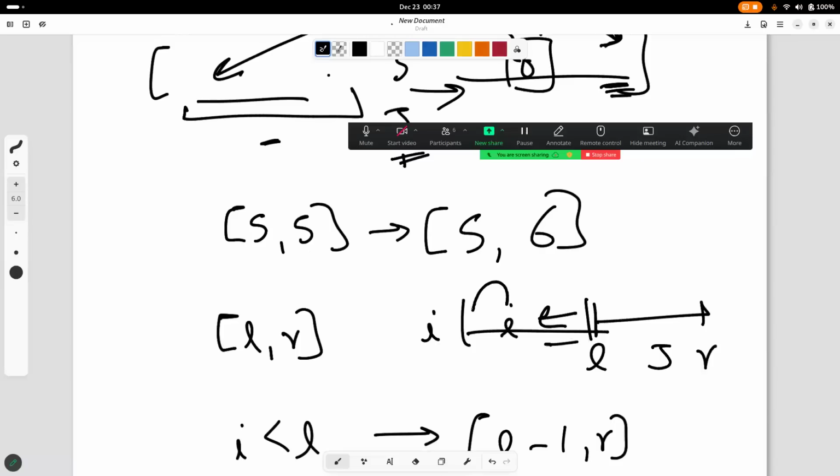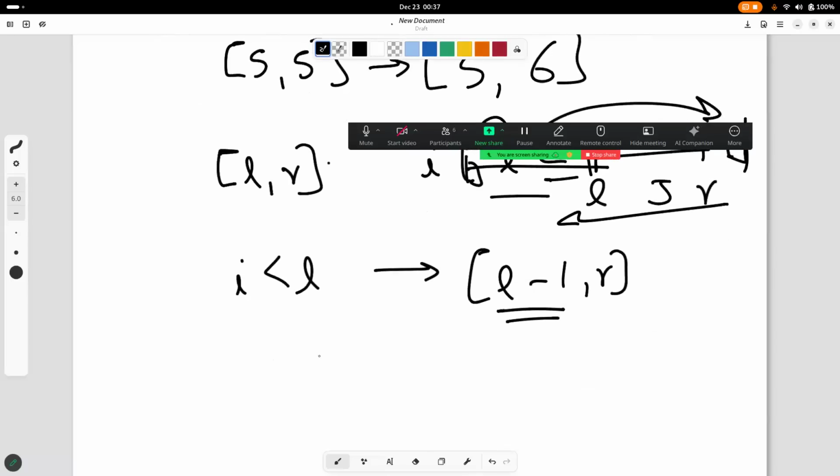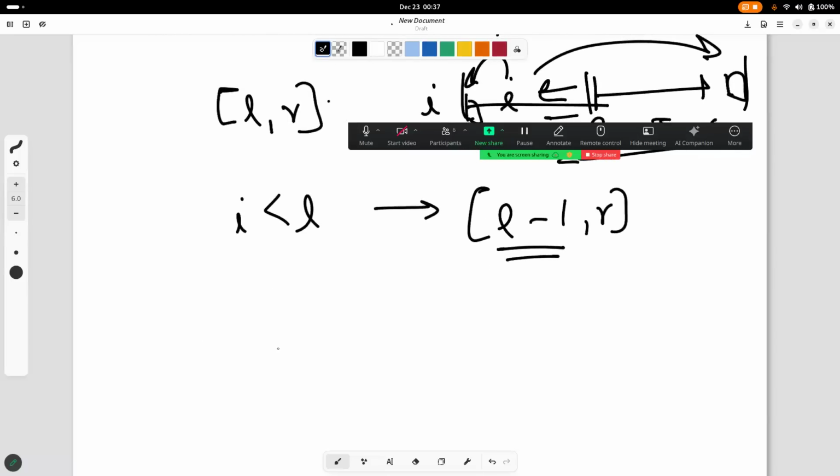Or you can also keep the element I at the front and nothing would change. Or you could push the element I to the back and that would push this whole range to the left. So L to R would be maintained and this would open up one more index, that is L minus 1.